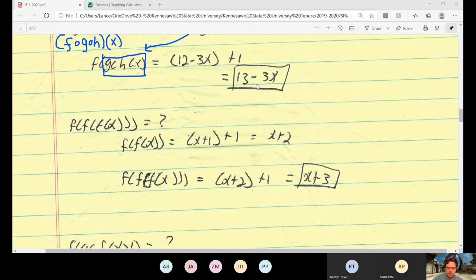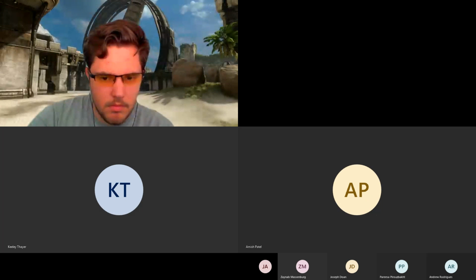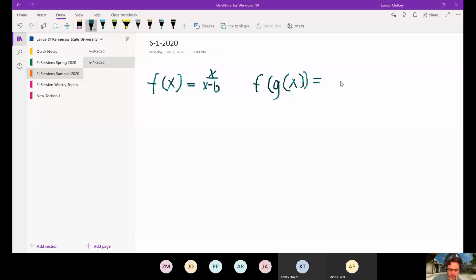And then f of g of x equals 2x. Oh, y'all can't see it, my bad. Whoops.